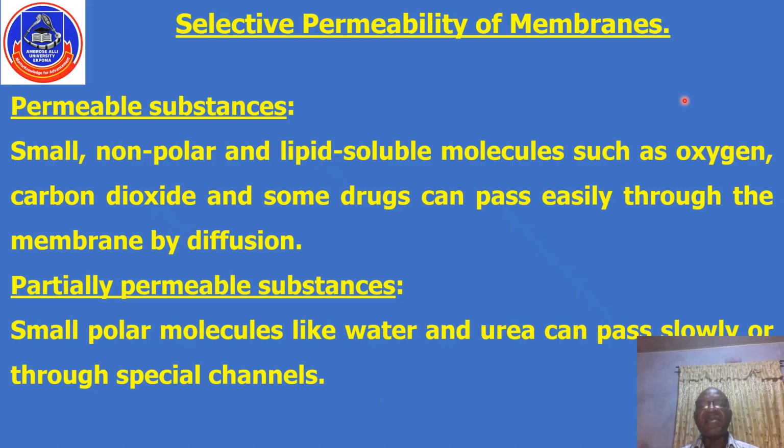So, in essence, selective permeability refers to the ability of the cell membrane to allow some substances to pass through while preventing others.